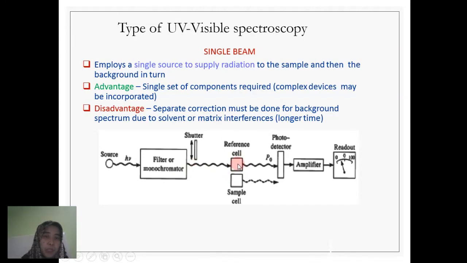In the single beam, there is only one line from the monochromator to the reference cell and then to the detector. If we want to measure the sample, we have to replace this reference cell with the sample cell. That's why a longer time is needed to complete the measurement.